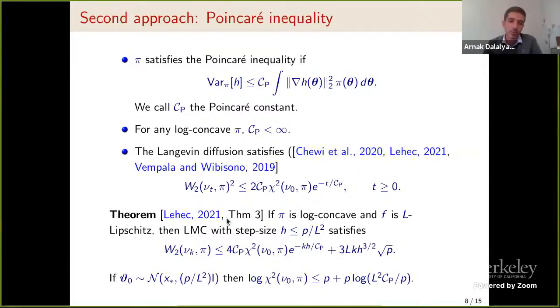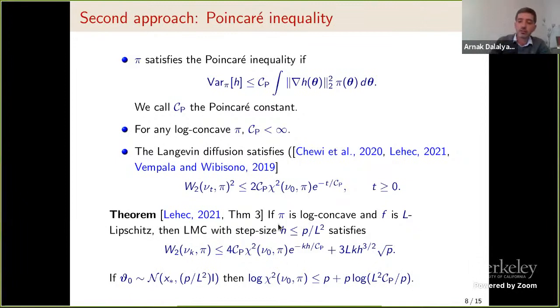Here I mention perhaps the most recent paper, by Lehec, and there is this theorem 3 which says that if the target distribution pi is log-concave and the potential function f is Lipschitz with constant L, and be careful here, L is not the capital M, because I was using capital M for the Lipschitz constant of the gradient of f, but here only the function f is assumed Lipschitz. The gradient is simply assumed locally Lipschitz, and the constant doesn't matter there.